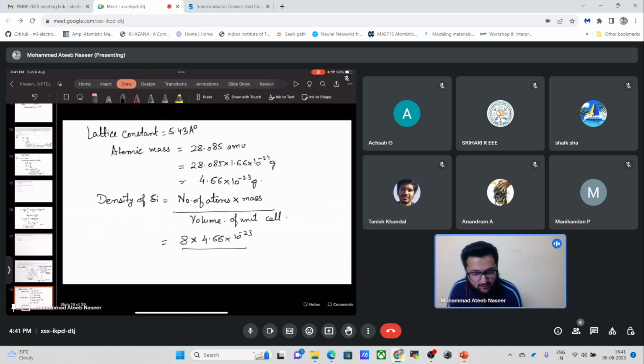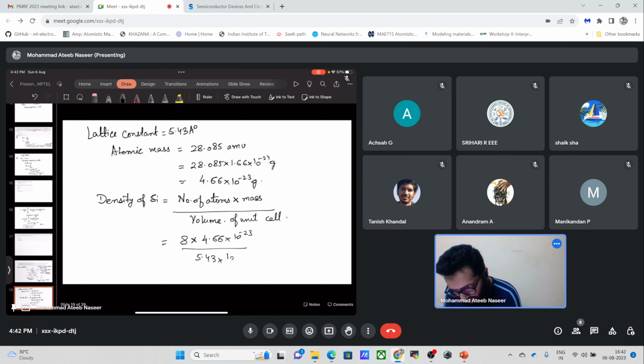We have seen that these are two interpenetrating FCC lattices with the side A equal to 5.43 angstroms. So it would simply be A cube. A cube is 5.43 into 10 to the power of minus 10. Let's talk in centimeters.